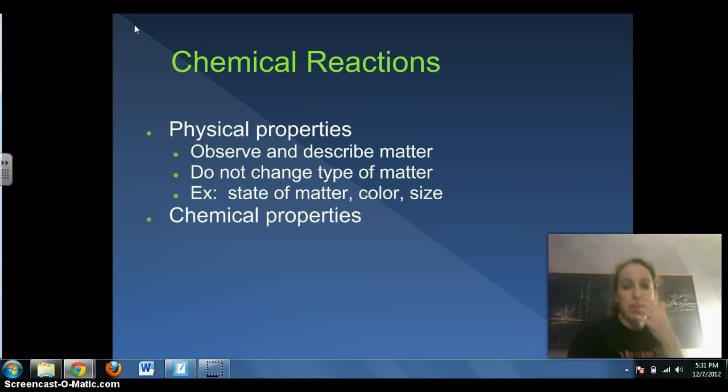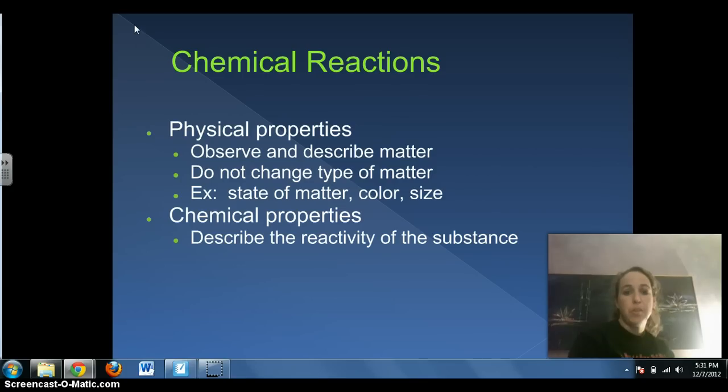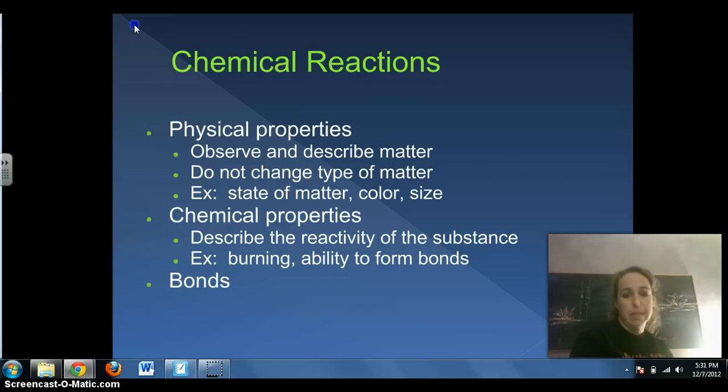Chemical properties, on the other hand, change when you undergo a chemical reaction. They describe the reactivity of the substance. So when we talk about things being stable or unstable, that's what we're talking about with chemical properties. Are they going to react with something else or are they not? Burning is a big one. The ability to form bonds is another.